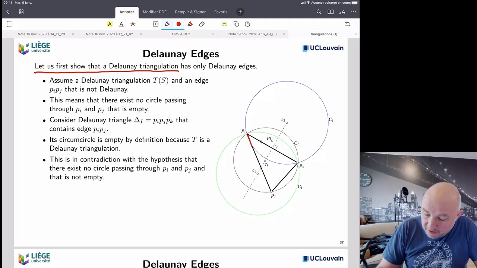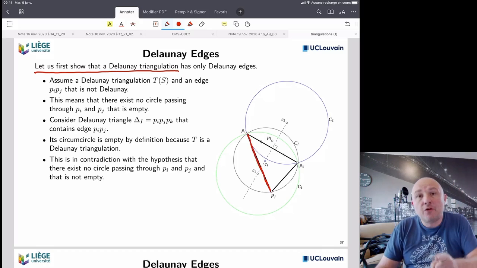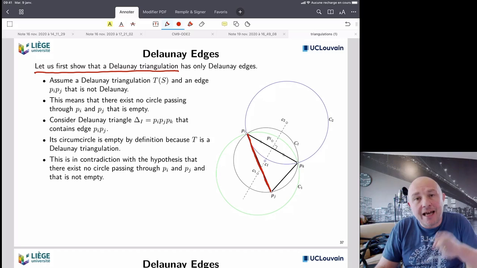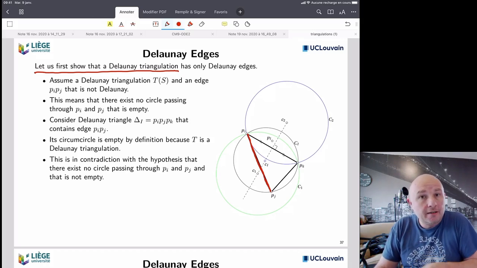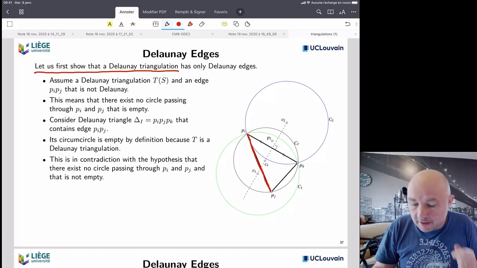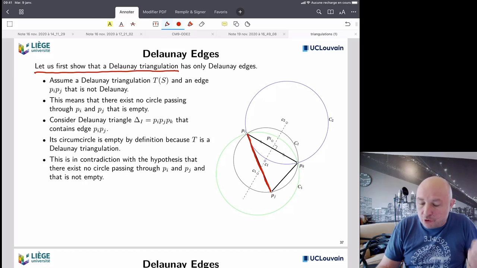Let's say this is the edge you're looking for, PI PJ. What we want to prove is that if you have a Delaunay triangulation, every edge is Delaunay, that it has a circle that is empty. What circle are we going to choose?